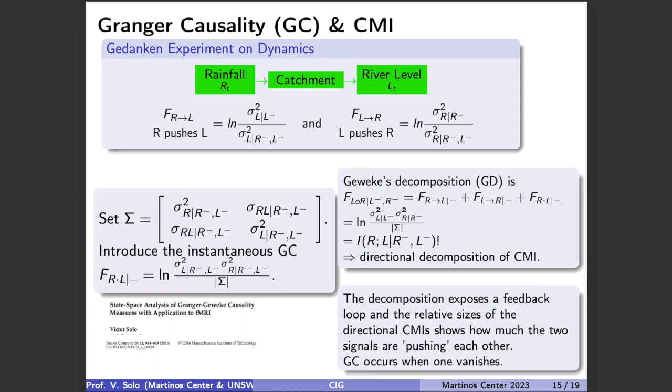In the interest of time, I'm not going to go through this slide in great detail, but I want to draw, I think some of you will know in the Granger causality, you get measures of the strength with which one time series pushes another as a log of a ratio of prediction error variances from doing some regressions. You get a measure of the pushing in the opposite direction.